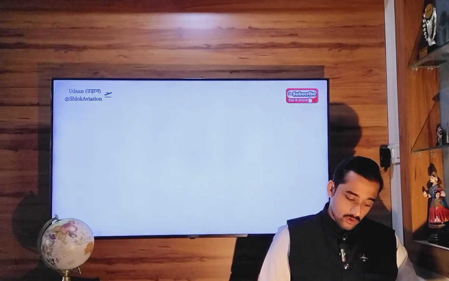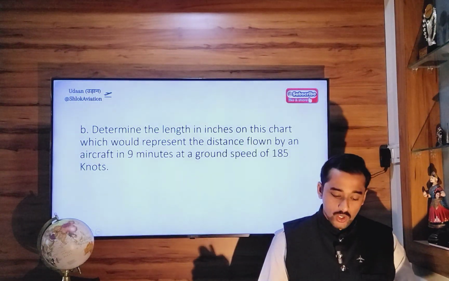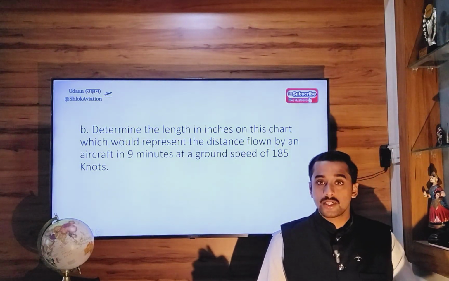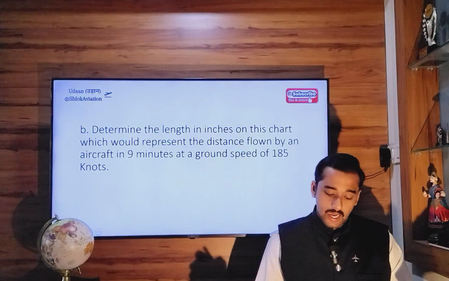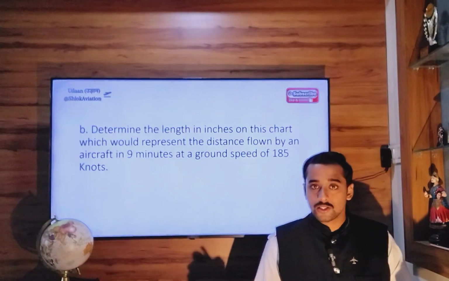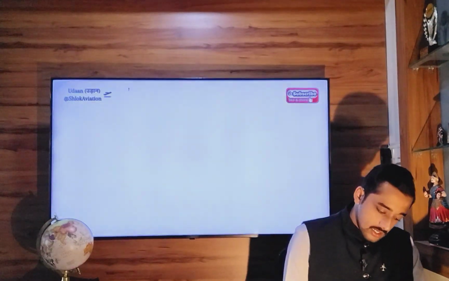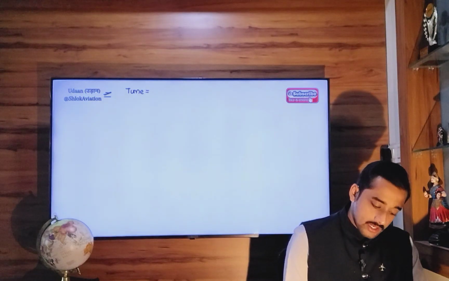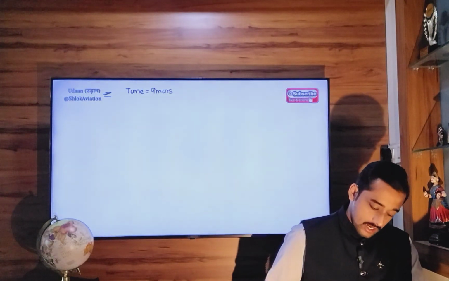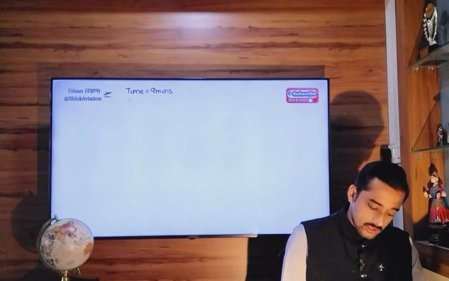Next, sub question B. Determine the length in inches on this chart, which would represent the distance flown by aircraft in 9 minutes at a speed of 185 knots. So time is 9 minutes and speed is 185 knots.